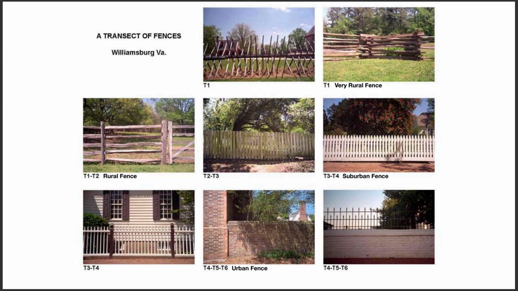So I personally like this slide as a different way to look at the concept of the Transect, where in T1 at the top middle, or T2, you have these rural fences. If you built that downtown, would it make sense? No. And if you had, let's say, a brick wall around your farm, that doesn't make any sense either, right? So it's the right thing in the right place, all the details of the built environment.